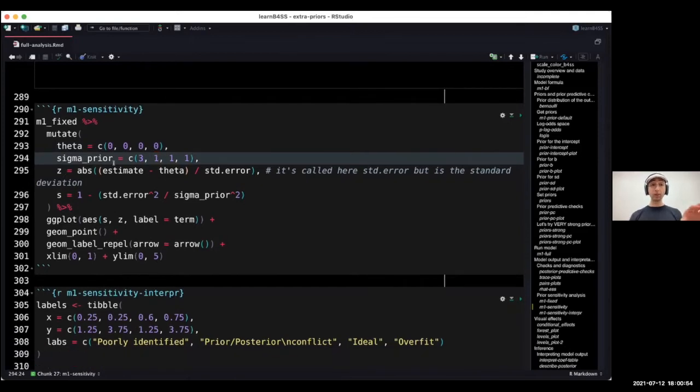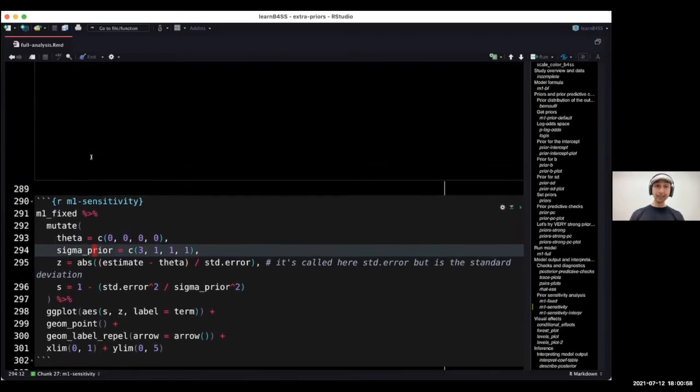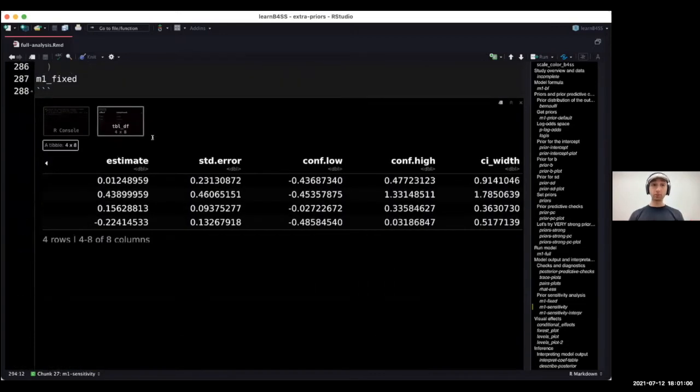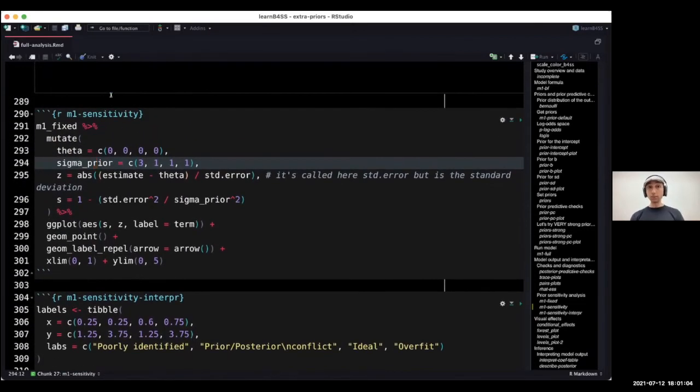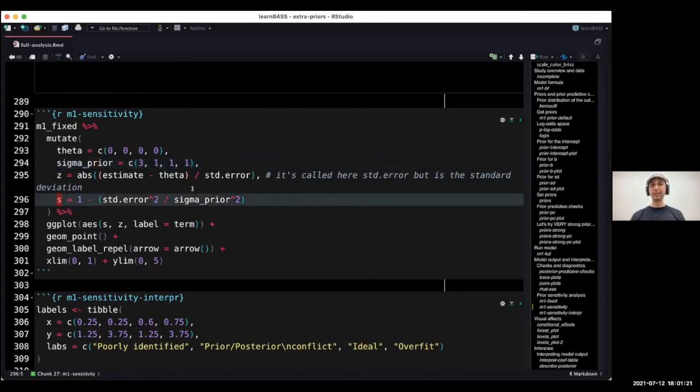And now with theta and sigma prior and the estimates that we got from this code, basically, we can calculate two values, two parameters. One is z, which corresponds to the so-called posterior z-scores, and I'll explain what they are in a second. And the other value is s, which is the posterior shrinkage.